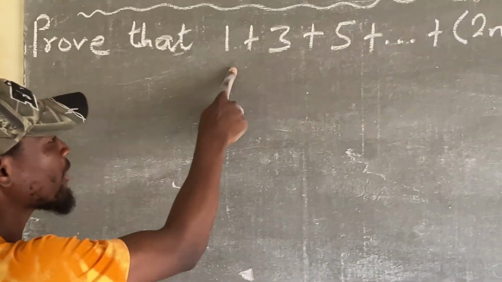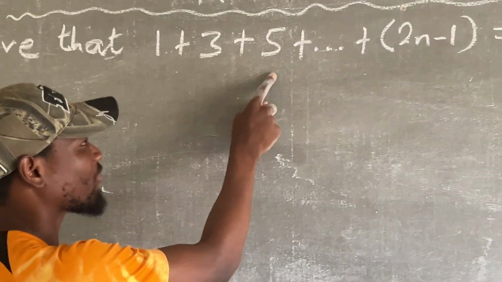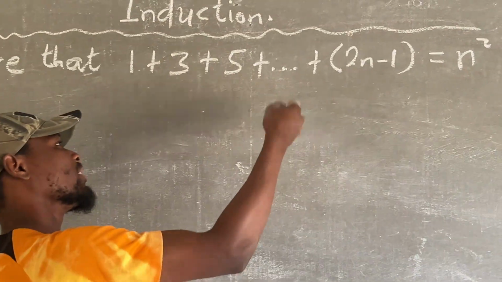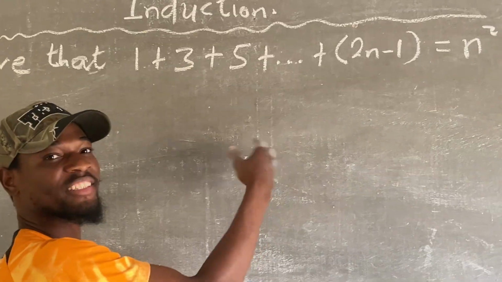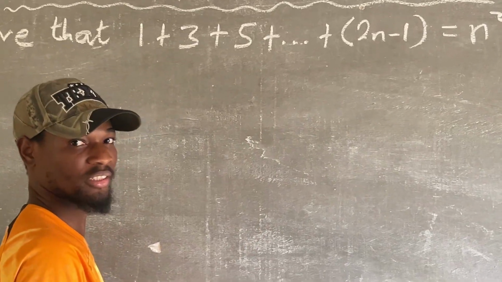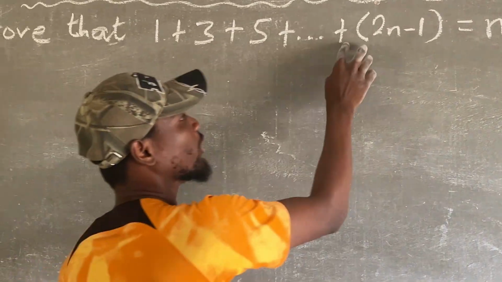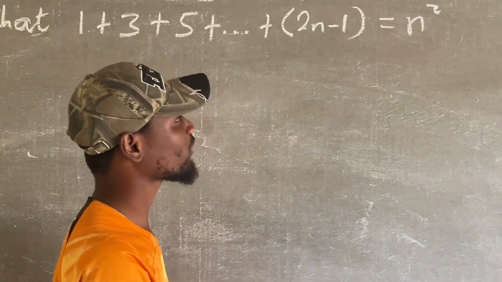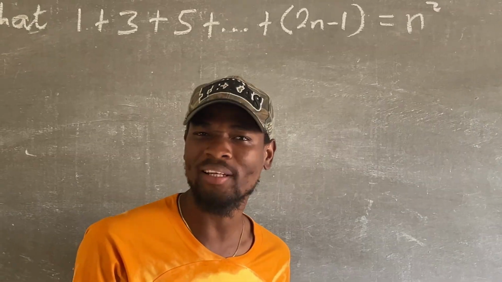Prove that 1 plus 3 plus 5, then some terms that we don't know yet, plus the expression 2n minus 1, equals n squared.